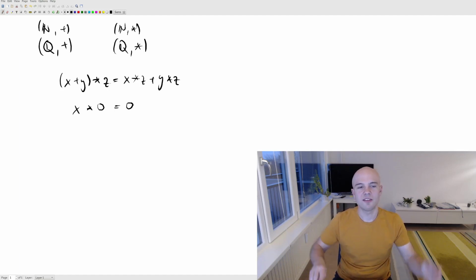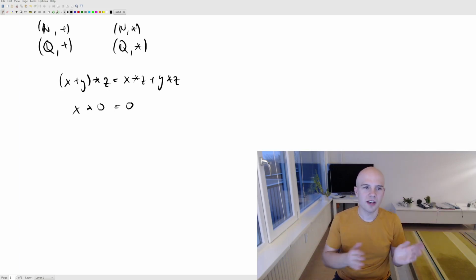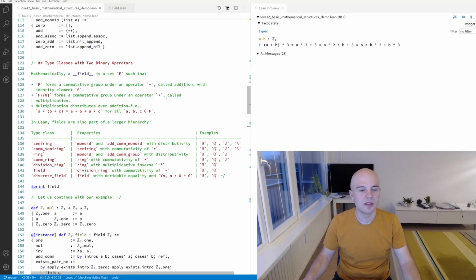And just as we had this hierarchy of semigroups, monoids, groups, we also have here another hierarchy of semi-rings, rings, division rings, fields that have progressively more axioms and more structure. So a semi-ring is a structure where the plus is an additive commutative monoid and the multiplication is a monoid.